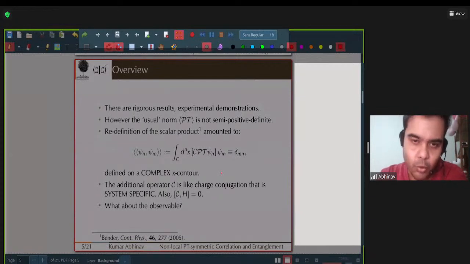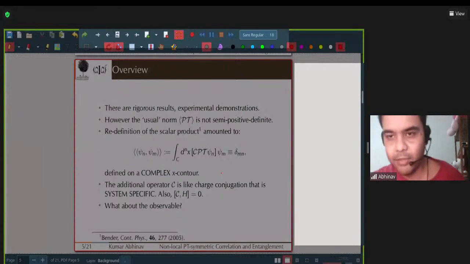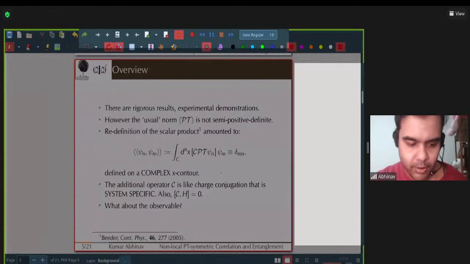But to do quantum mechanics, you have to define a scalar product. You don't need states; you can go to the Heisenberg representation or the density matrix representation. There also, to find matrix elements, you have to take a scalar product.